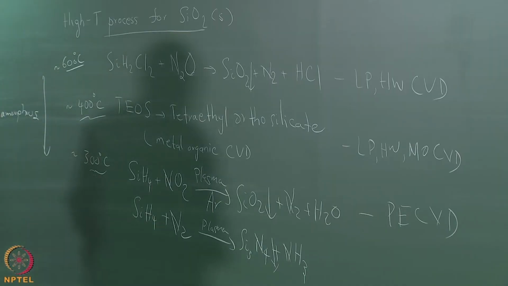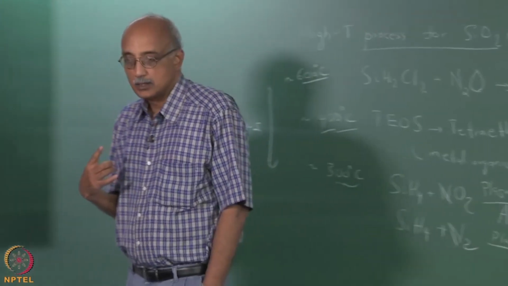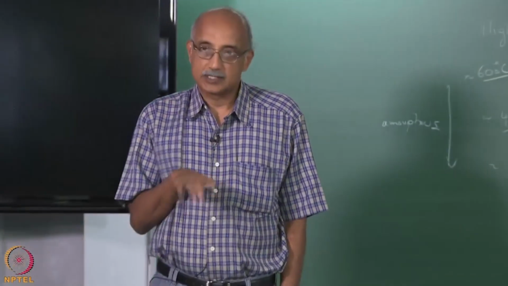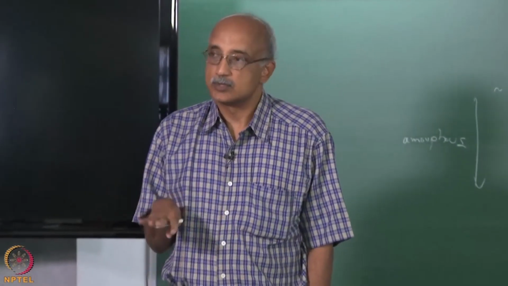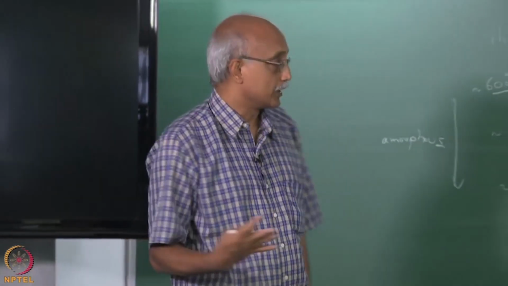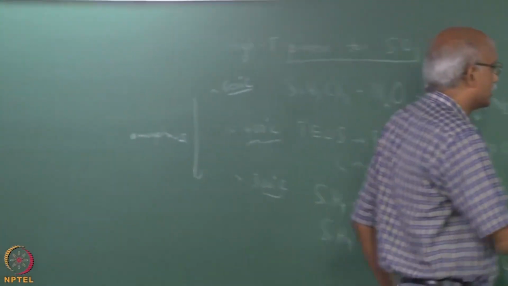Now, as I was mentioning, very frequently these oxides and nitrides, as they are laid down, do not have all the properties we are looking for. So, we use additives to improve their properties, or dopants as they are called.